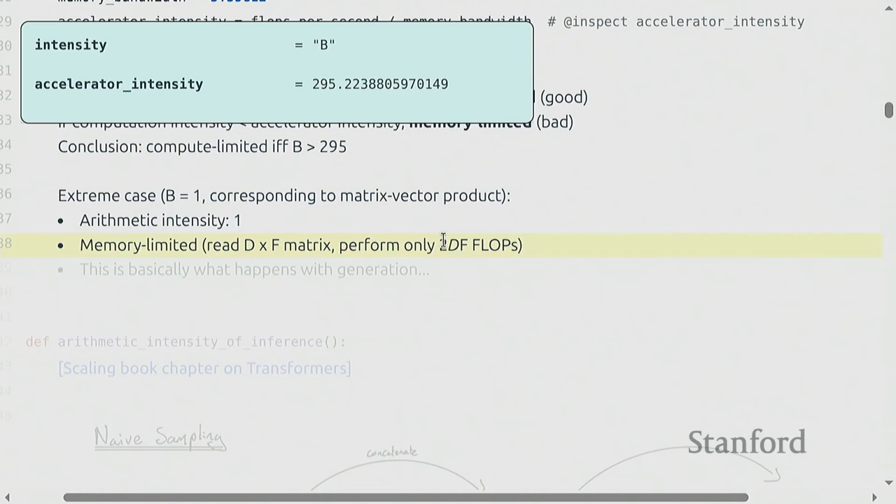You want a lot of flops to be done for any memory read because memory reads are slow. But this is, in essence, what happens with generation. Because you're proceeding token by token, we'll see that your arithmetic intensity is going to be like 1. And that's why generation is going to be memory limited and not compute limited.